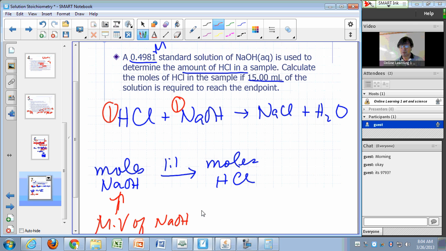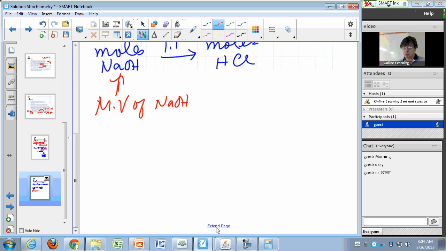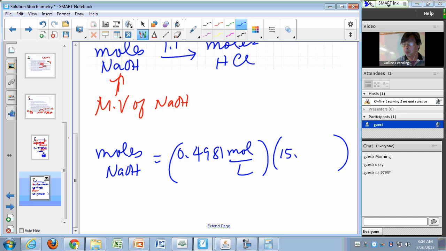So moles of sodium hydroxide would be molarity, 0.4981 moles per liter, times the volume that I used, which is 15.00 times 10 to the negative 3 liters. So liters cancels out.